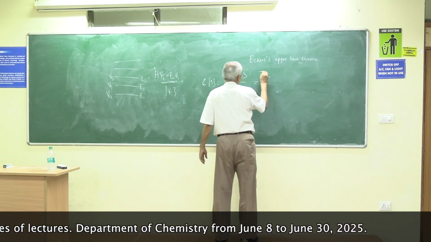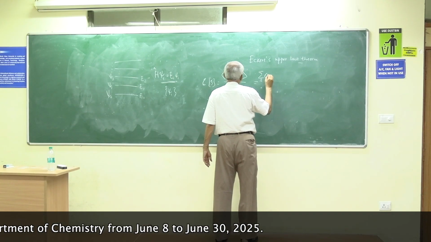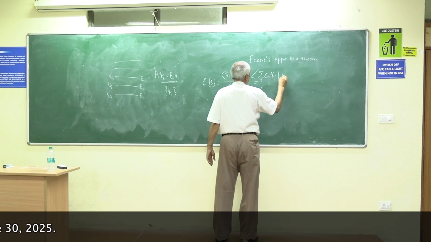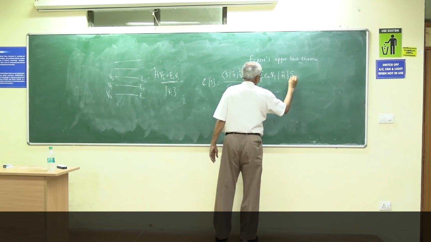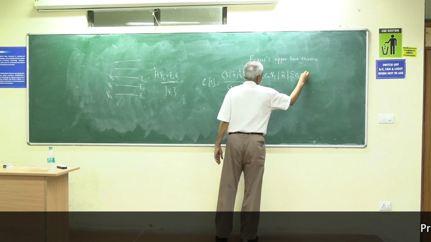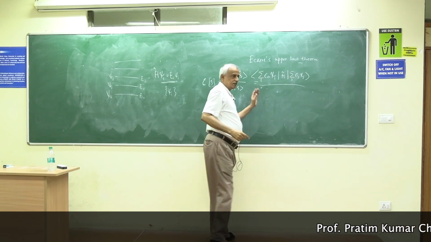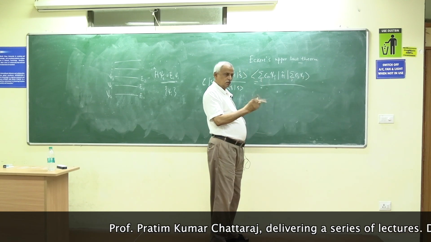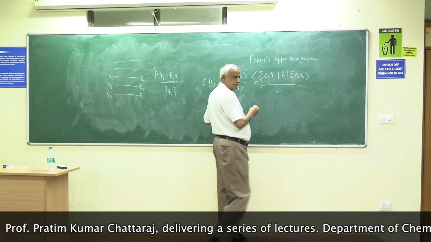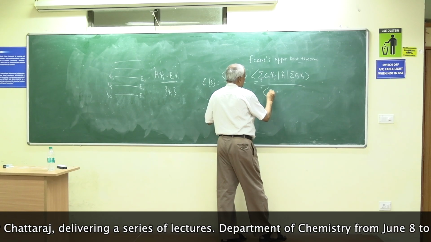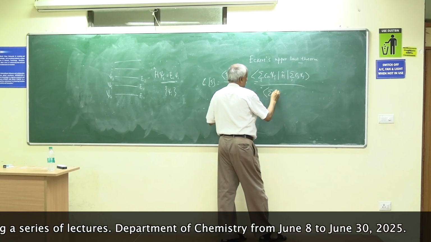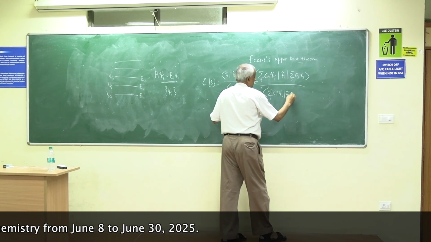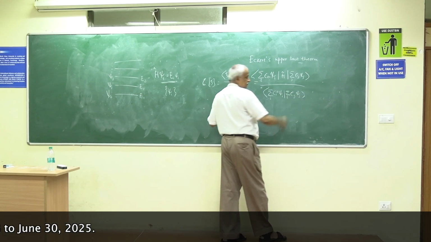So he wrote it like this: sum over i, Ci psi i, H, sum over j. I am writing it with two different indices because they are dummy indices. Basically, this is also C1 psi 1 plus C2 psi 2. In order not to lose the cross terms, I am writing it in this fashion. Then you have sum over i Ci psi i, sum over j Cj psi j.